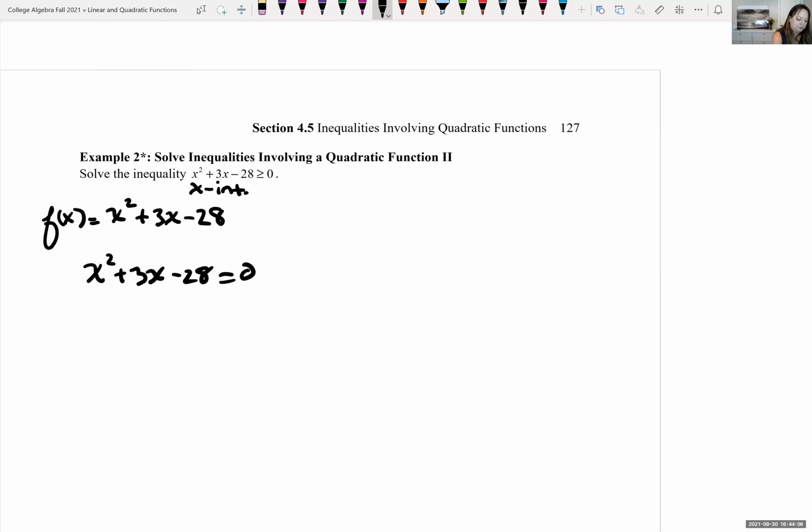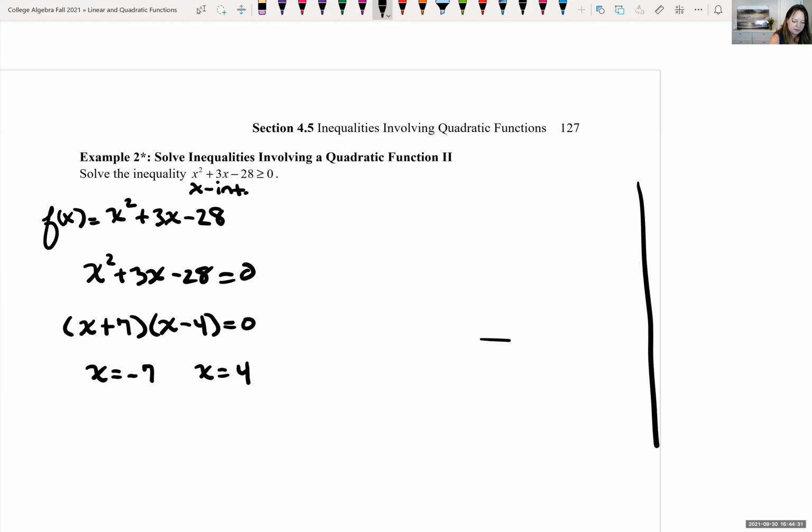Okay, so this factors: x plus 7 all times x minus 4 equals 0. Solving each factor equal to 0, we get x plus 7 is 0 when x is -7, and x minus 4 is 0 when x is 4. Okay, so far we have our x-intercepts.